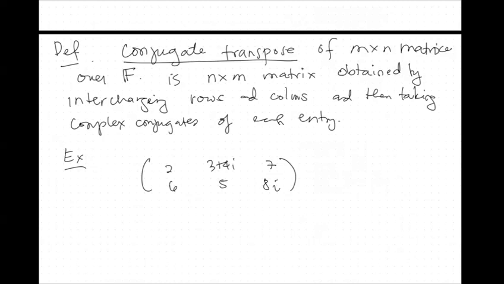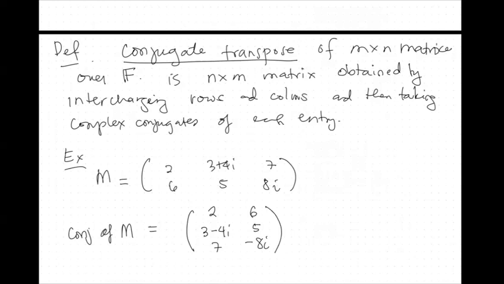what's the operation? And then this is M. The conjugate transpose of M is just, we get 2, 3 minus 4i, and then 7, then 6, 5 minus 8i. So they have interchanged columns and rows.